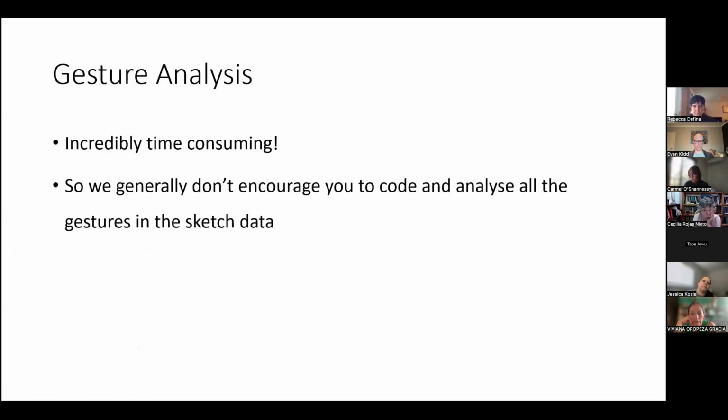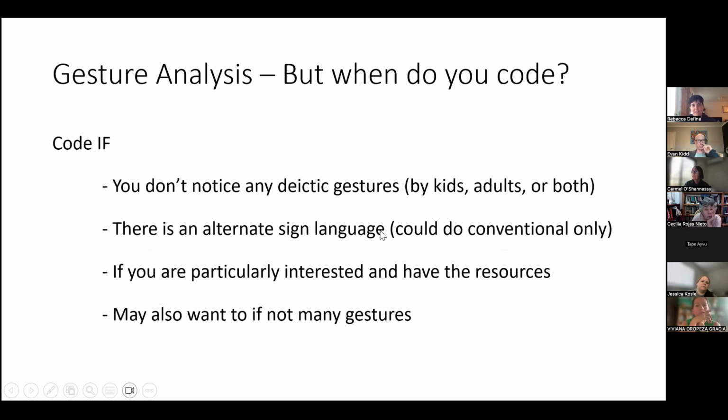So gesture analysis can be really time consuming, and so we're not generally encouraging you to code and analyze all of the gestures in the sketch data. But when do we suggest that you do that? So I suggest coding if you're not noticing any deictic gestures.